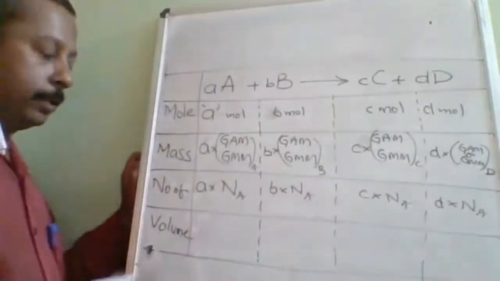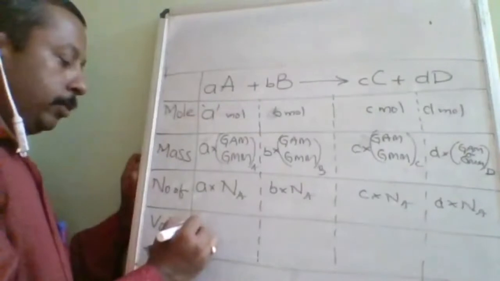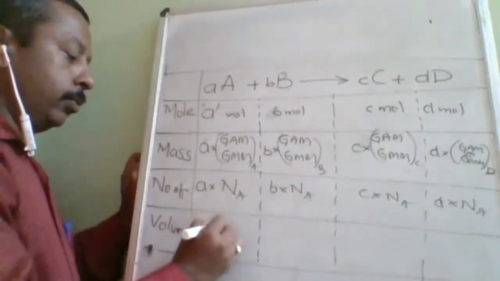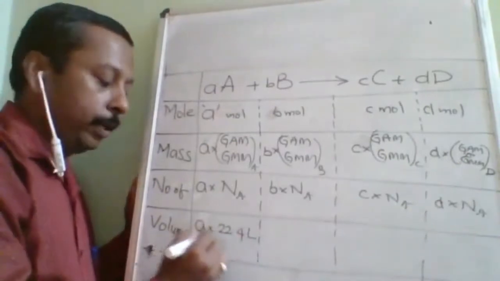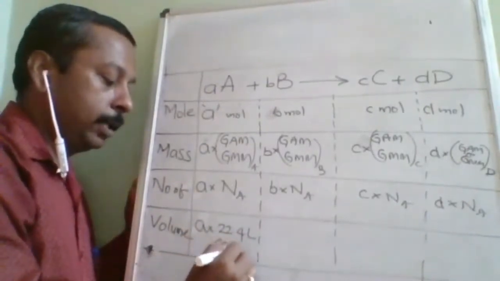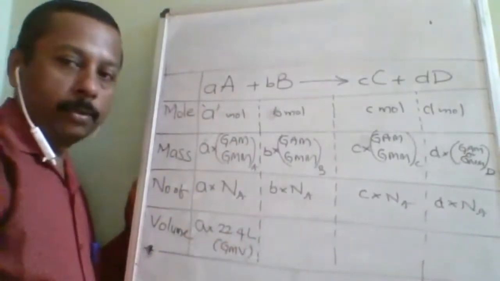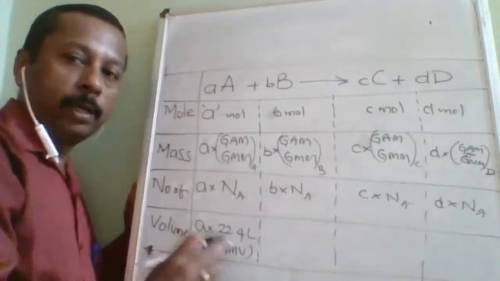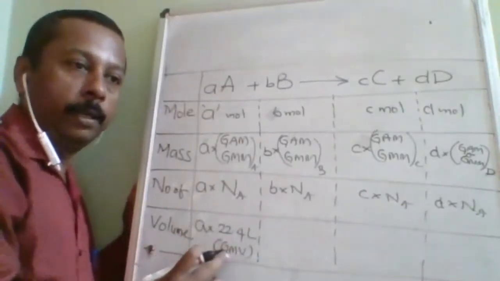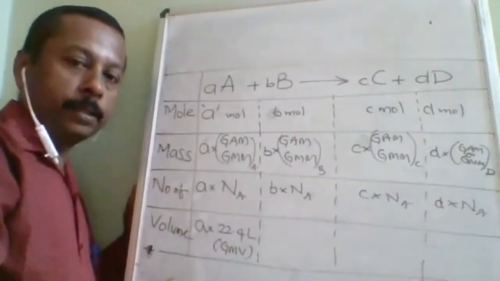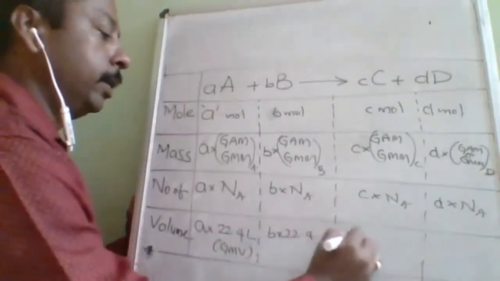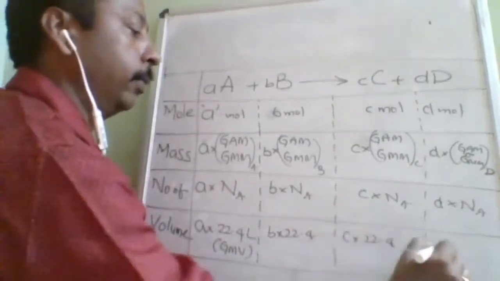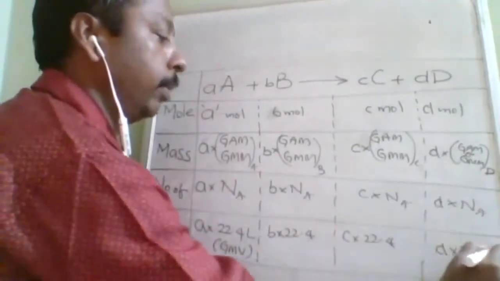Next, in terms of volume, a into 22.4 liters. 22.4 liters is also termed GMV, gram molar volume, the volume occupied by 1 gram mole of a substance. So b into 22.4, c into 22.4, d into 22.4.